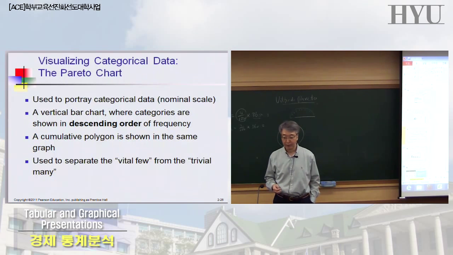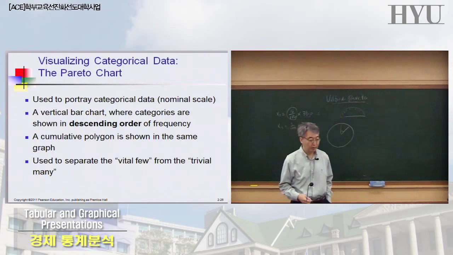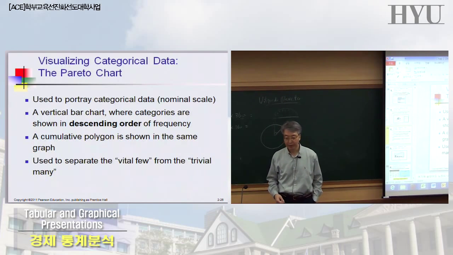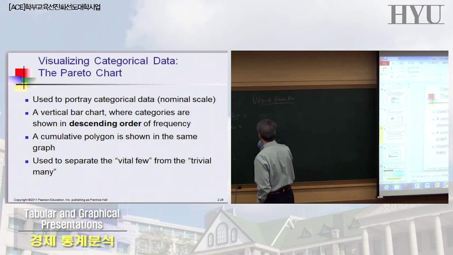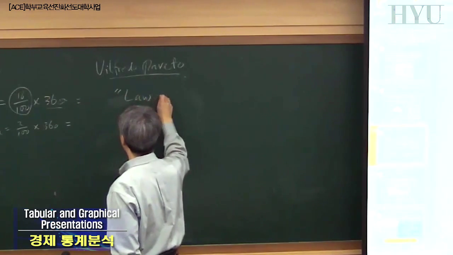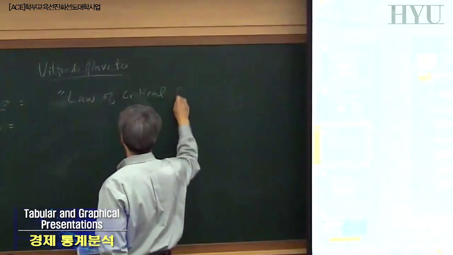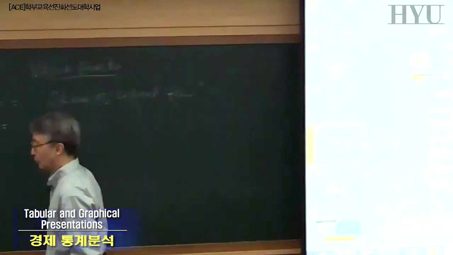So he made many contributions in many different fields of study. Okay? In economics, you'll probably hear Pareto equilibrium, the concept of equilibrium. Okay? But in mathematics and statistics, he came up with what's called law of the critical few.